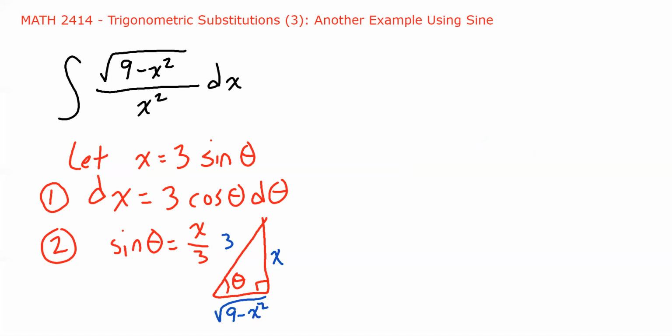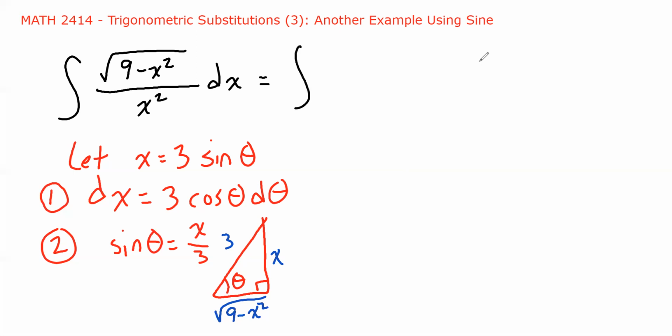Okay, so now that we've got our substitution determined, and again, in the next video, we'll categorize how to determine that substitution without having to match it to a trig identity, but you can probably figure out where the 3 came from in the problem. Let's make our substitution. Every x becomes a 3 sine theta.